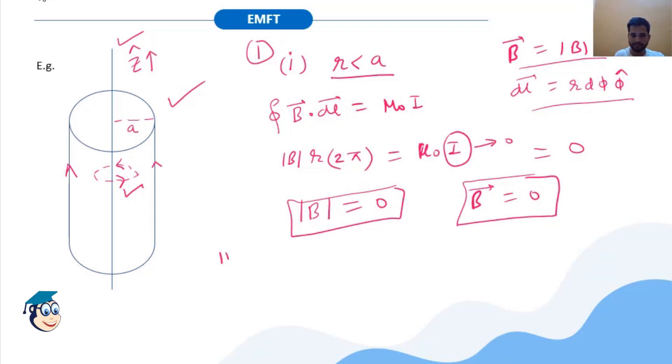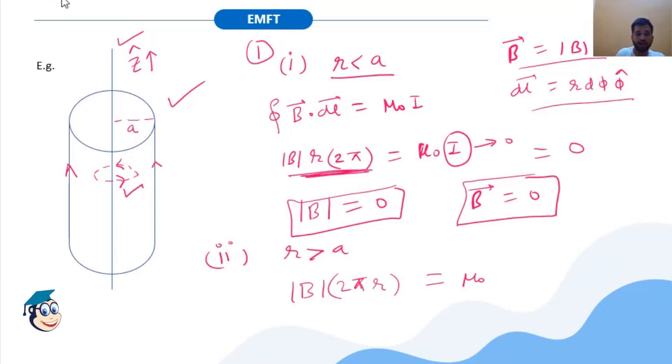Let us see its second sub case, and second sub case says r is greater than a, where a is the radius of that cylinder. Okay, so in that case the left hand side will always be mod B times 2 pi r, for the cylindrical symmetry. Okay, and RHS would be mu naught times current enclosed. So for r greater than a we have to draw an Amperian loop which will cover the entire cylinder.